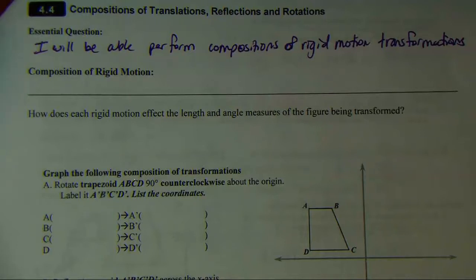So a composition of rigid motions is when we combine two or more, when we perform two or more transformations of translations, rotations, or reflections.